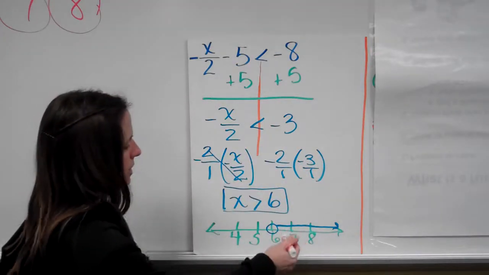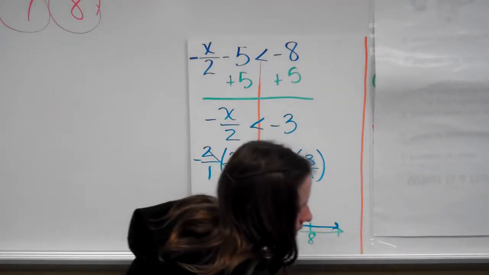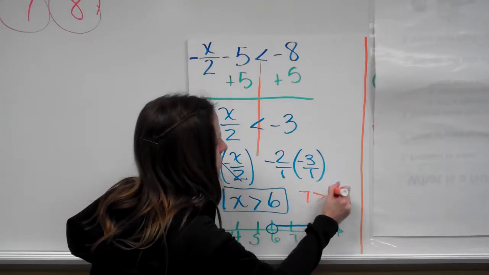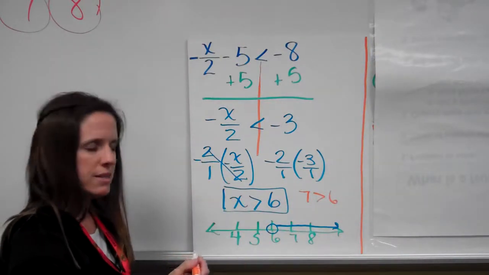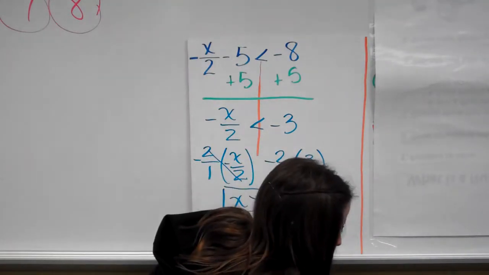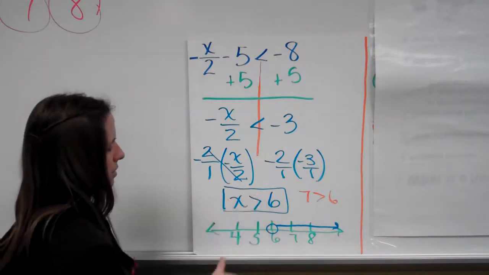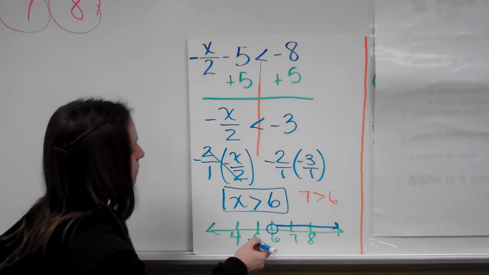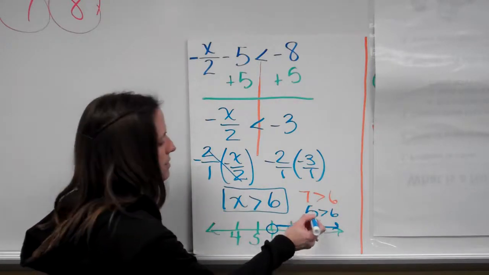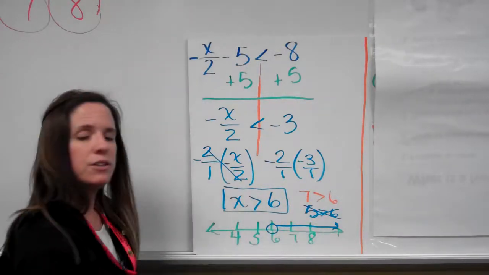So let's test one that's shaded and see if it works. 7. Is 7 greater than 6? Yes, that makes sense. Now let's test one that wasn't shaded to see if that also would then be an untrue statement. 5. Is 5 greater than 6? No, that's not true. So we know we shaded the right way.